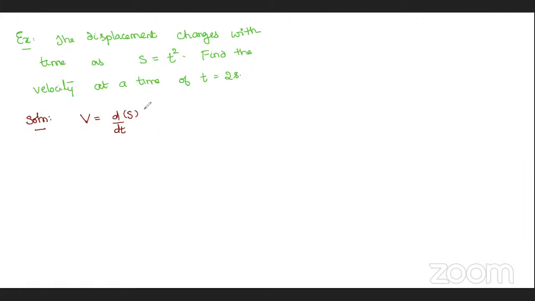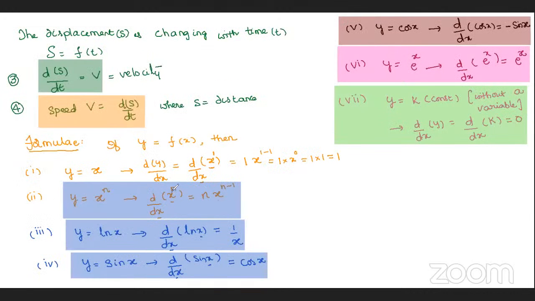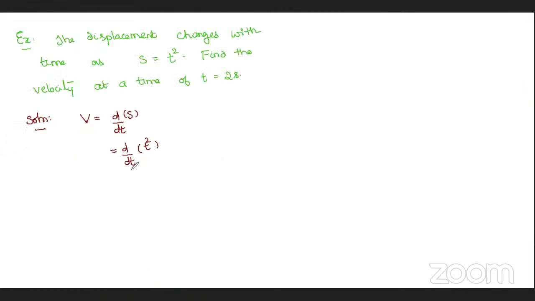Substitute the value of s. d by dt of s is t square. This is exactly in the form of x power n, d by dx of x power n. Look, the two functions are same, here also t.